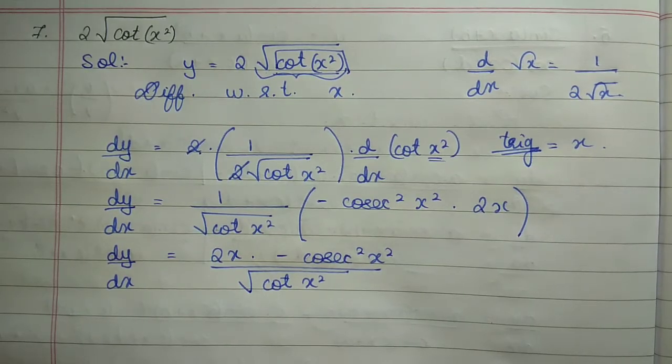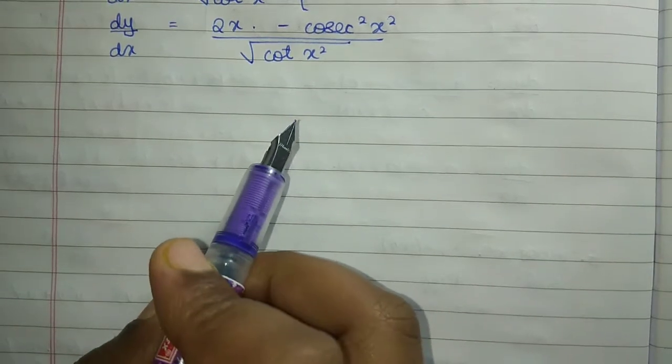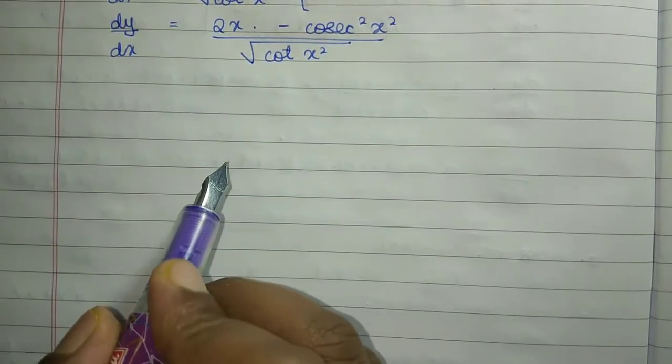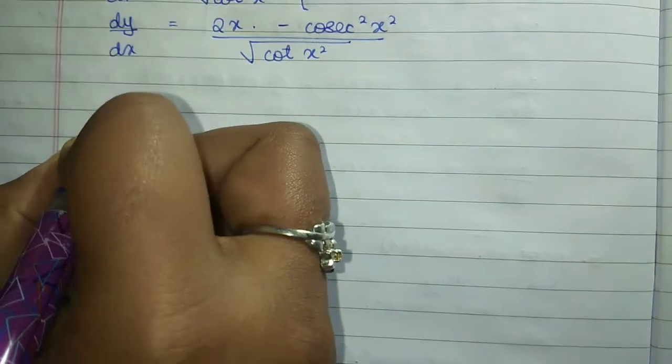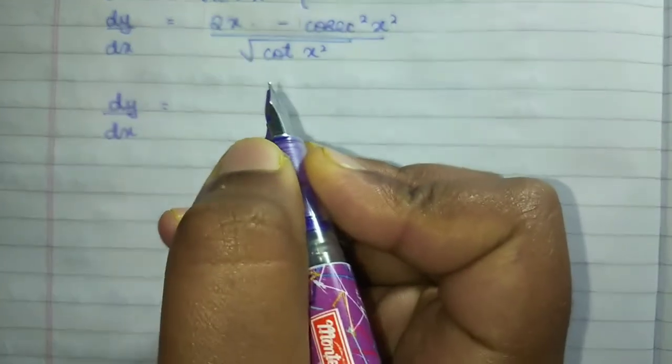So now let us see the simplification of this derivative. Here the differentiation or derivative is over. So now let us simplify this equation. So dy by dx will be as it is written.